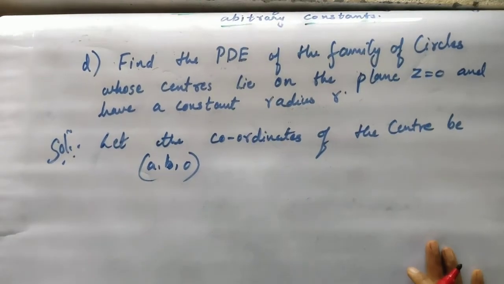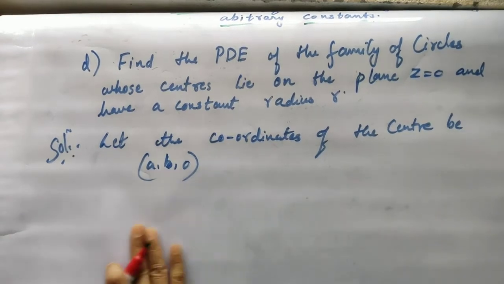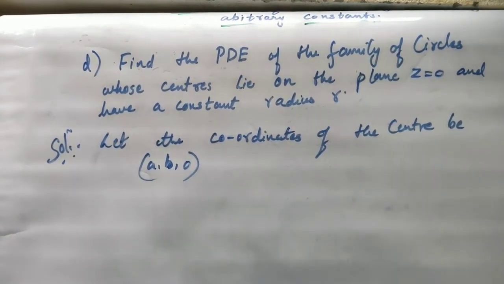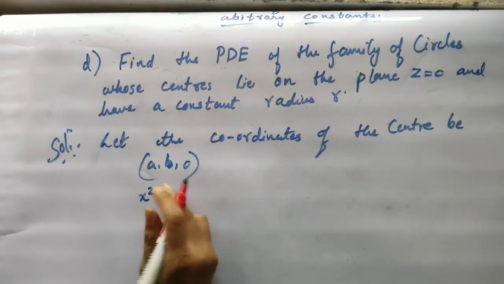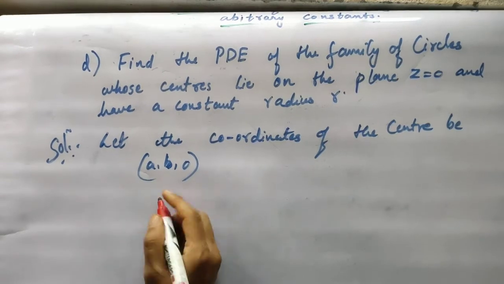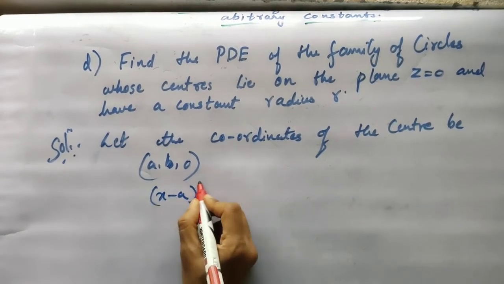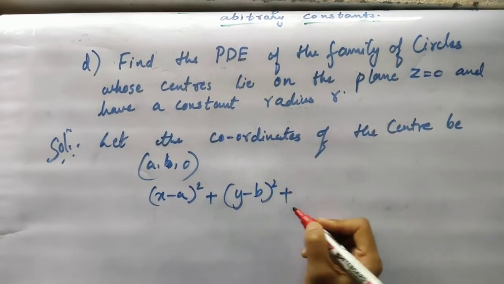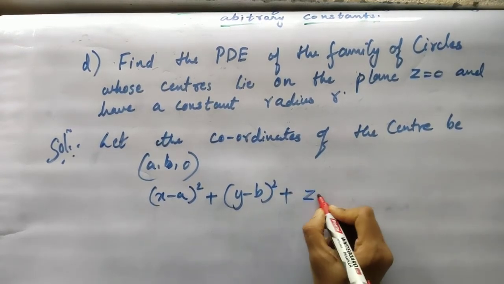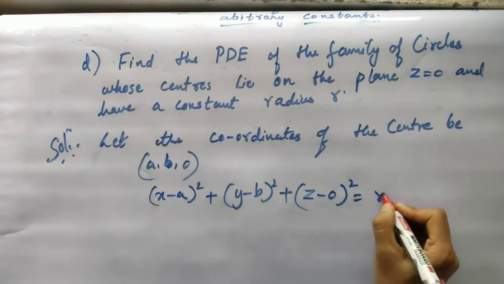So yes, centers lie in the xy plane. So you are going to find the equation of the circles with centers on the xy plane. So how will you write it? First the distance. So x minus a whole square plus y minus b whole square plus z minus 0 whole square is equal to r square.